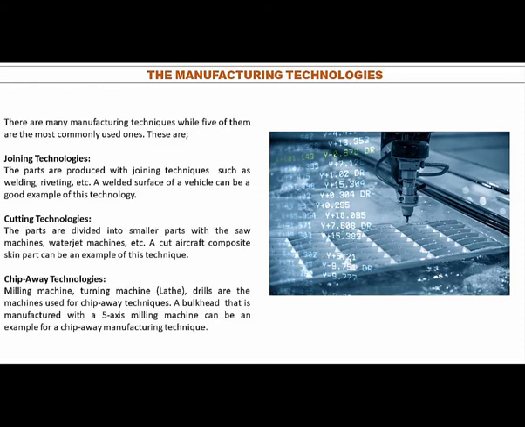The parts are divided into smaller parts with saw machines, water jet machines, etc. A cut aircraft composite skin part can be an example of this technique. Chip away technologies. Milling machines, turning machines, lathes, and drills are the machines used for chip away techniques. A bulkhead that is manufactured with a 5-axis milling machine can be an example of a chip away manufacturing technique.